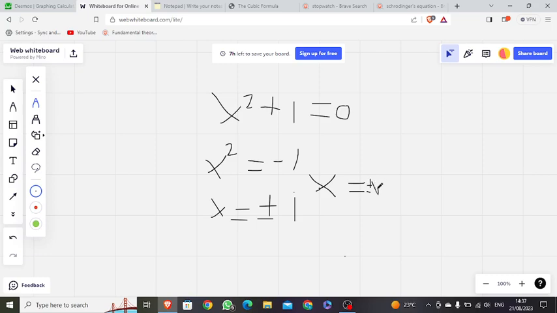If you're really anxious about whether they will give you marks, you could even say i equals square root of minus 1 and add that separately. Okay, i equals square root of minus 1, right?